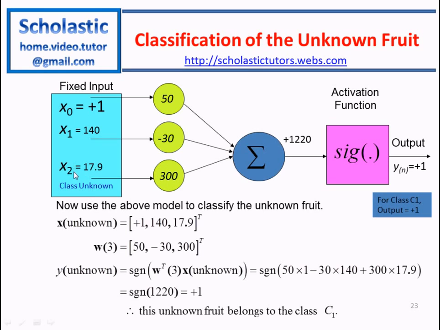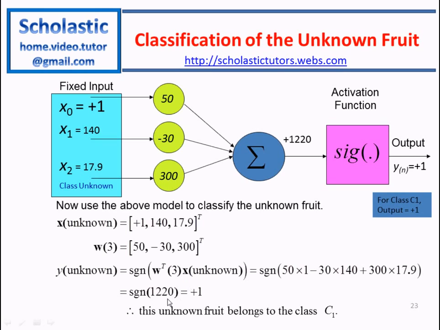So we send the unknown fruit through our neural network and calculate the weight function, that is the weights times the unknown input x. We can calculate this very easily. Just multiply each number by each number. That means 50 times 1, 140 times -30, 300 times 17.9. You add them together and calculate the value, which is about 1220.